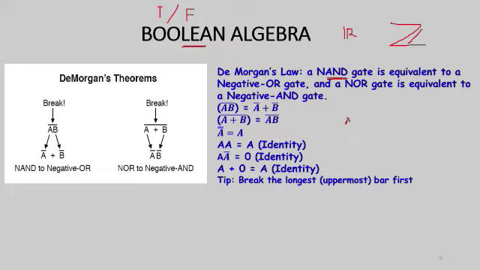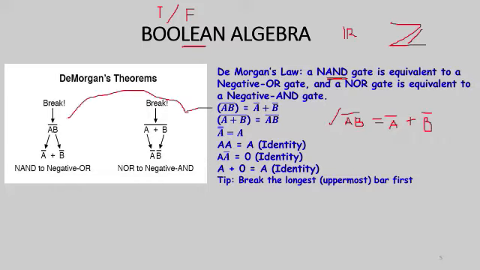It's saying you can expand NAND AB to get not A plus not B. So this is one of DeMorgan's laws.